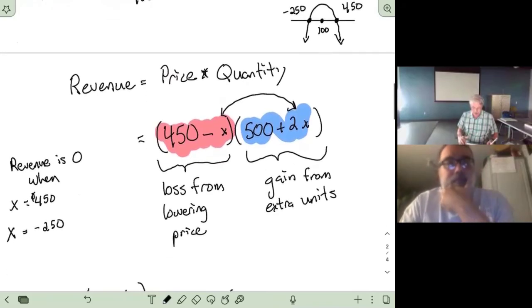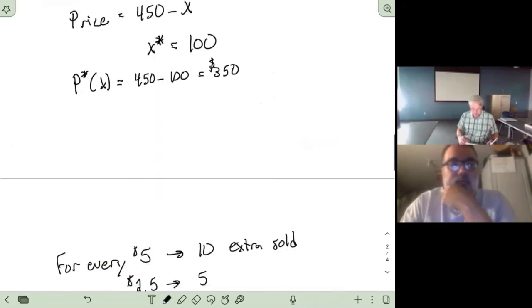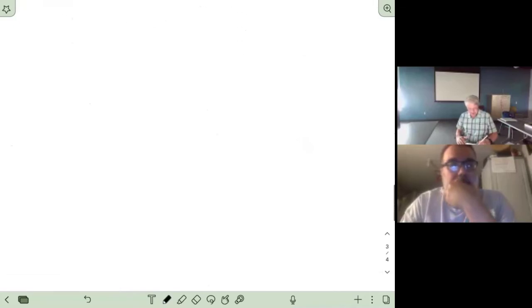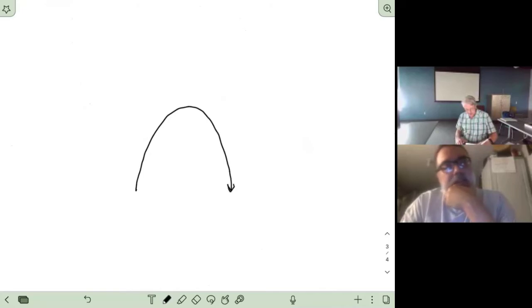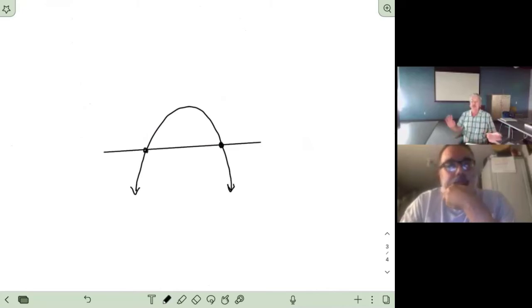So before we even hop to the technology, I just want to think about what's going on here. We have a solution that's right between those two zeros. It's surprising in some ways that it is so symmetrical, but it is.